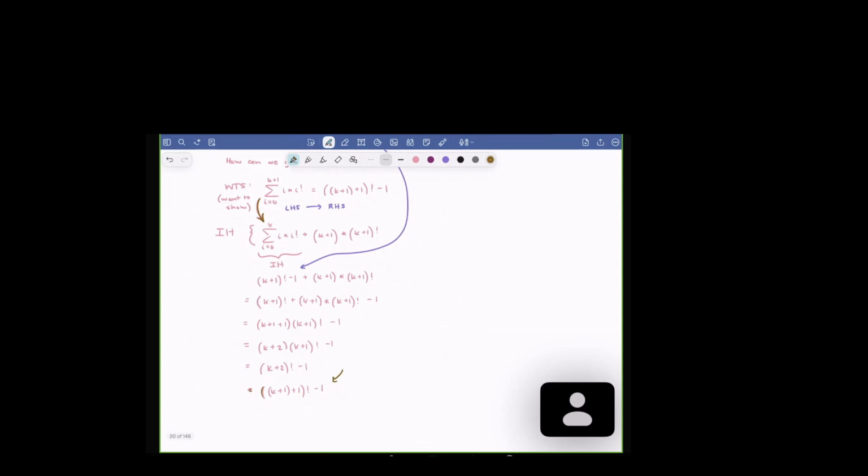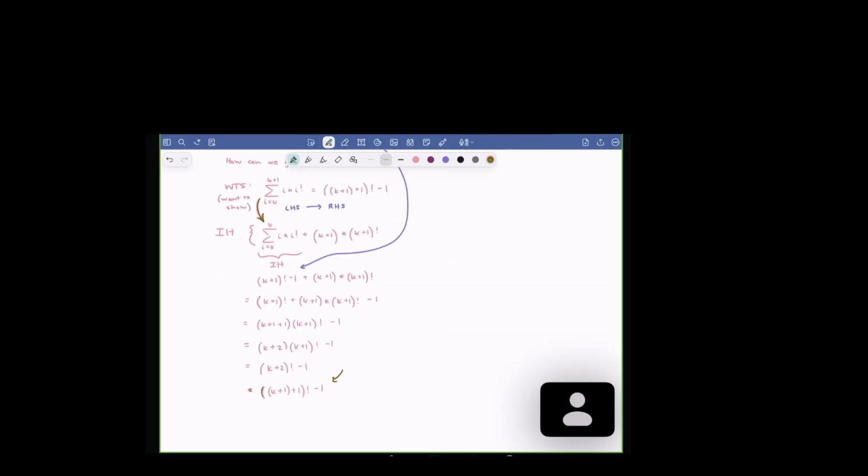Any questions? How did you get from that line to the one below it? Okay, I factored out these two sets of terms, because this is 1 times k plus 1 factorial, and it's added to k plus 1 times k plus 1 factorial.